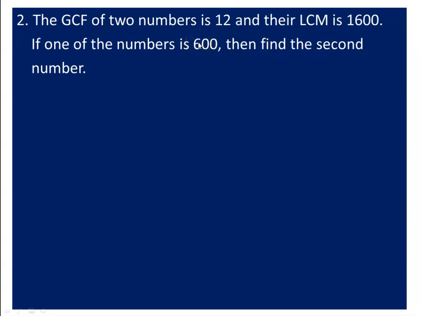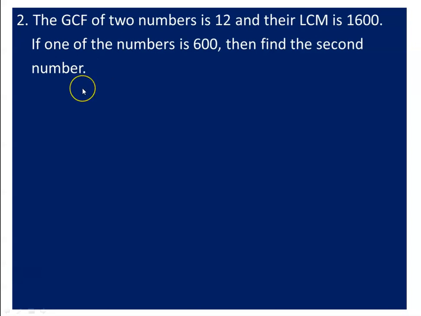And the other two given conditions are the GCF and the LCM. The GCF of the two is given to be 12 and their LCM is 1600. So the question is how we can find the second number. How can we do that?